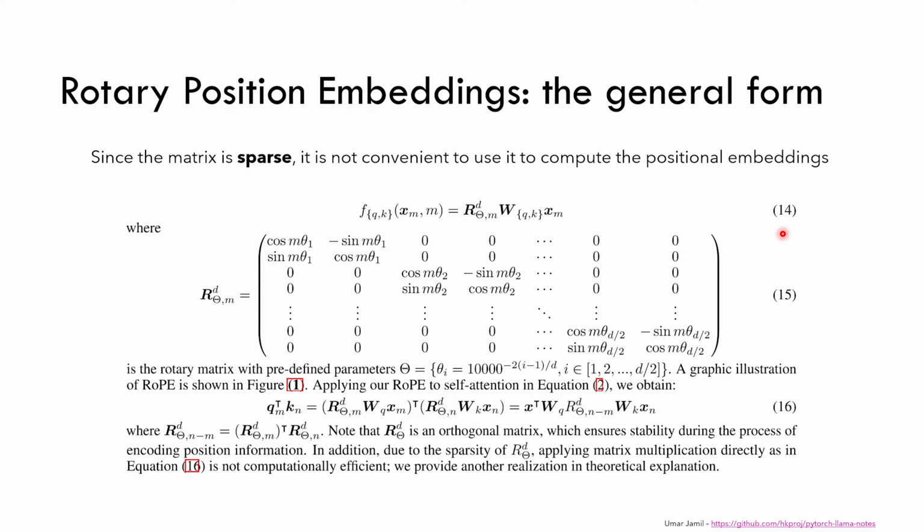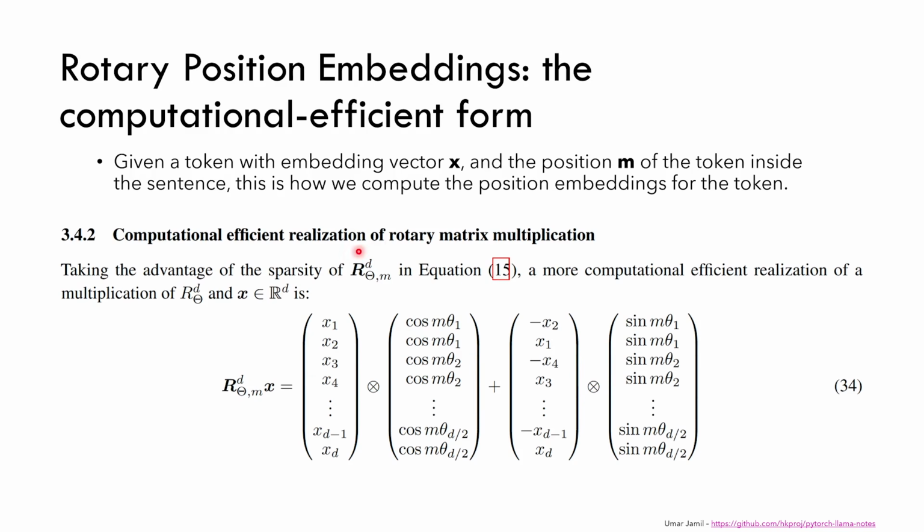Well, there is. This form here. Given a token with the embedding vector x and the position m of the token inside the sentence, this is how we compute the position embedding for the token.